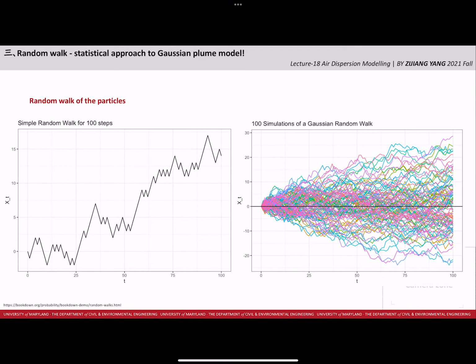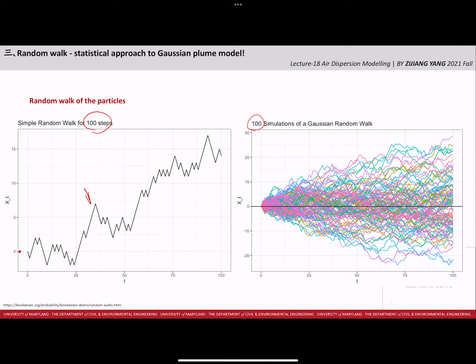And here shows a simulation example. So here shows one particle. It has 100 steps. We can see the trace is something like this, kind of random. But if we simulate 100 particles, we can see that this shows some pattern.